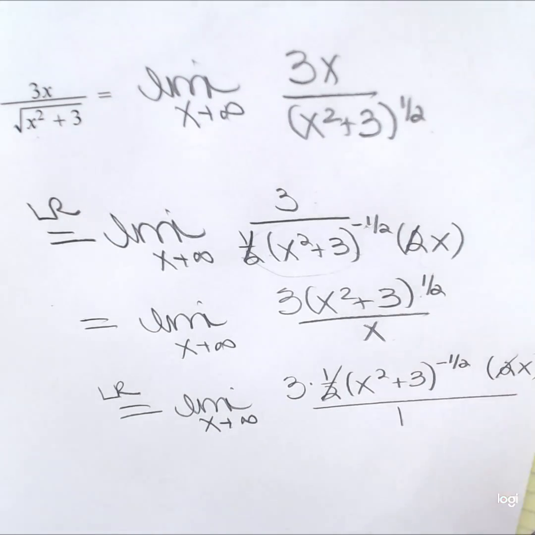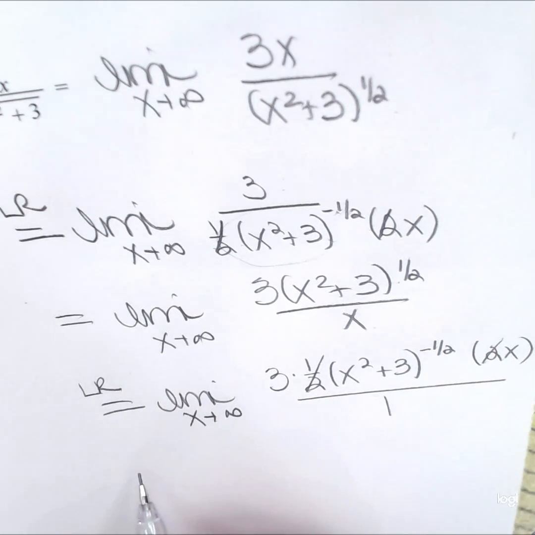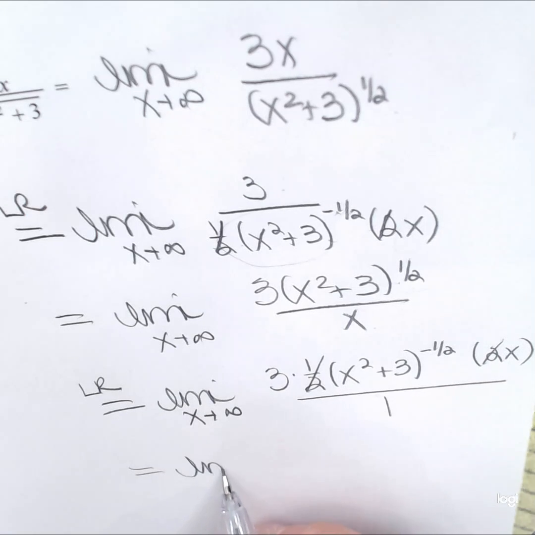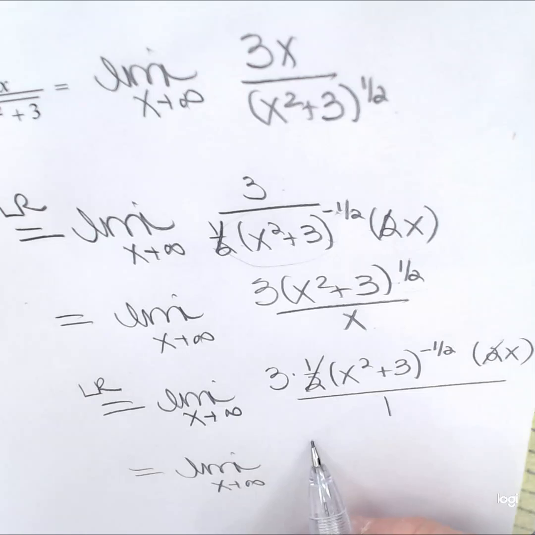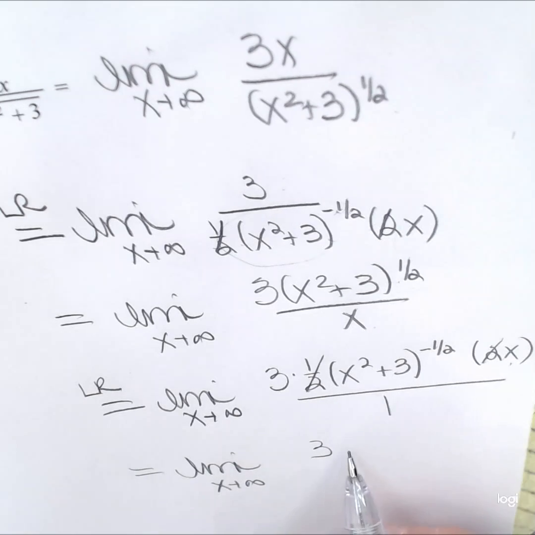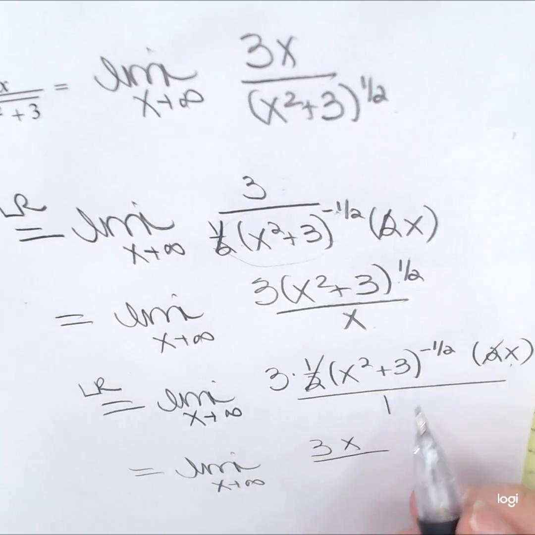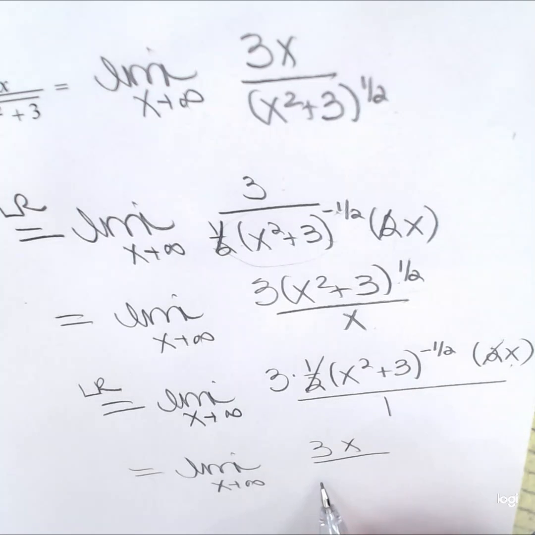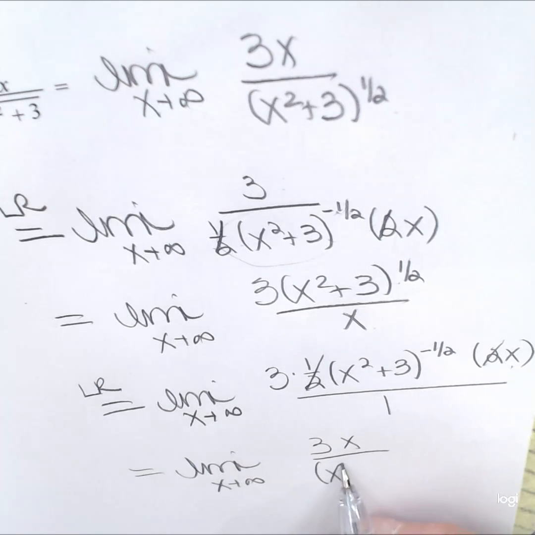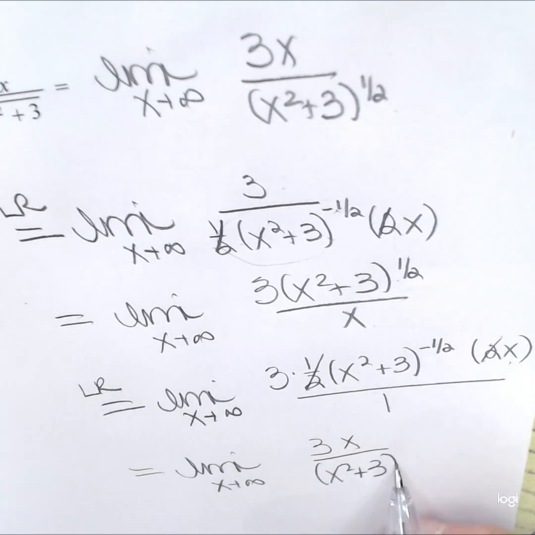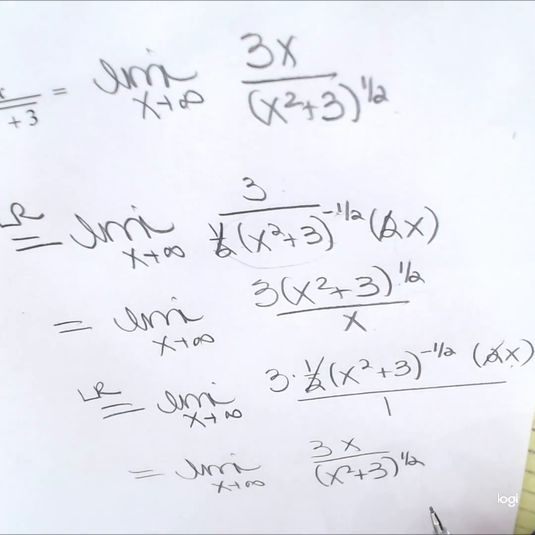So then the 1/2 and the 2 on top are going to cancel out. And when we clean this thing up, we're going to get the limit as x approaches infinity. The 3 is going to stay where it is, and so is the x. But this square root of x squared plus 3 is going to come back down to the bottom as an x squared plus 3 raised to the 1/2. So notice what has happened here.